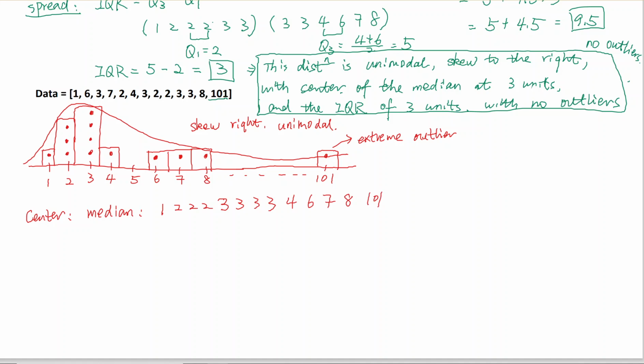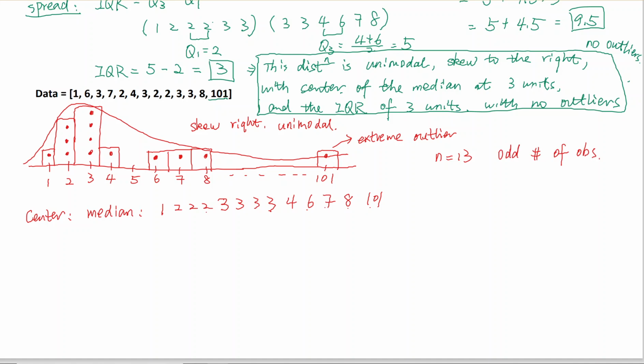All right, okay, now we have 1 2 3 4 5 6 7 8 9 10 11 12 13. So you have 13 observations. All right, that means you don't have an even number of observations, you have an odd number of observations.